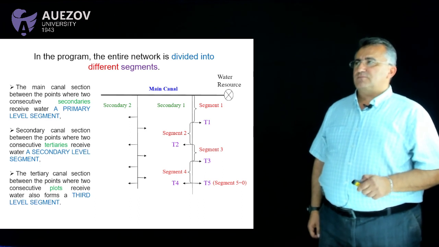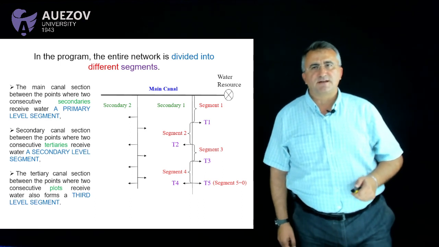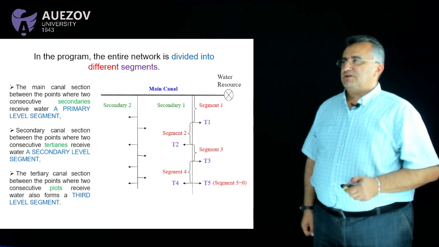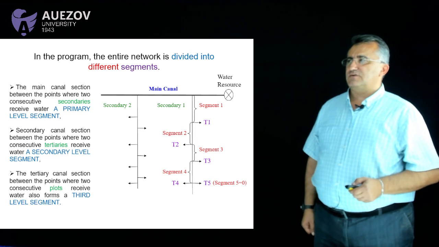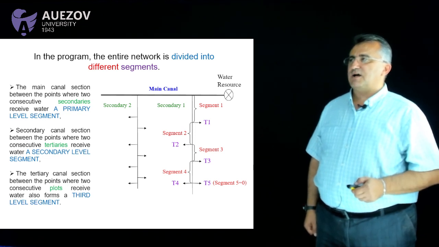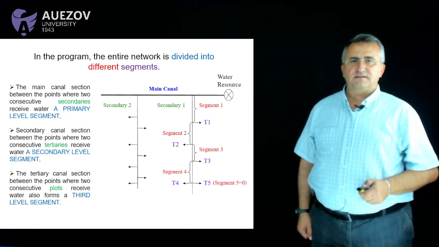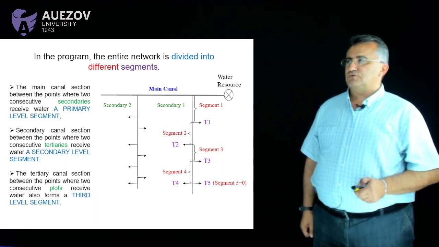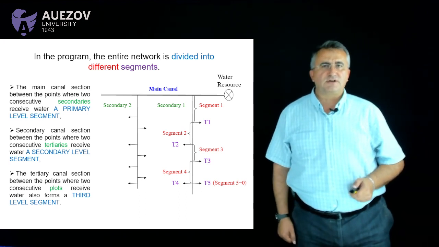In the program, the entire network is divided into different segments. The main canal section between the points where two consecutive secondaries receive water is a primary level segment. Here we can see on the chart. The secondary canal section between the points where two consecutive tertiaries receive water is a secondary canal segment.